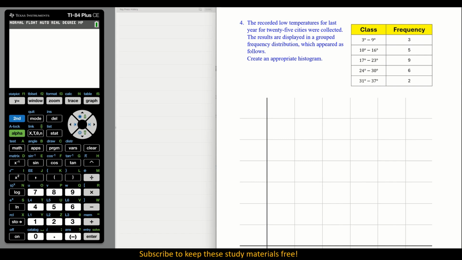So let's make sure they said we should have 25 cities. Forgive me if I don't believe them. So this is 8, then that's 10, and that is 15, so that's 25. So yeah, we have a total of 25. So we can trust that, 25 cities. So what are we doing? We are creating an appropriate histogram.